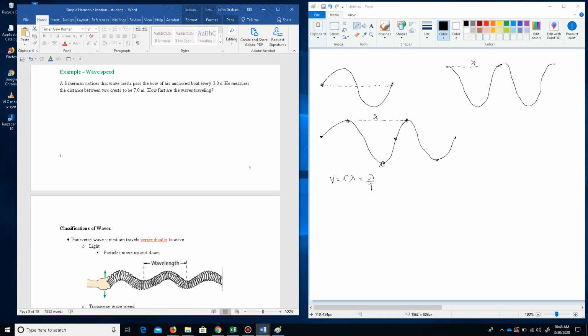Right, so we actually have it set up already. Velocity equals wavelength over time. The wavelength is 7 meters, distance from crest to crest, and then 3 seconds. So 2.33 meters per second.